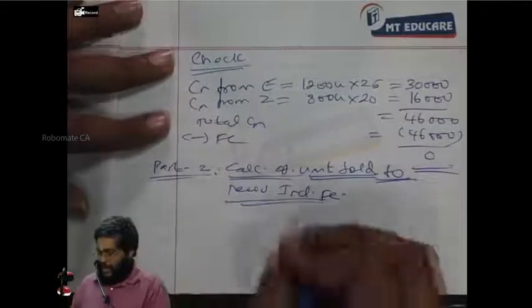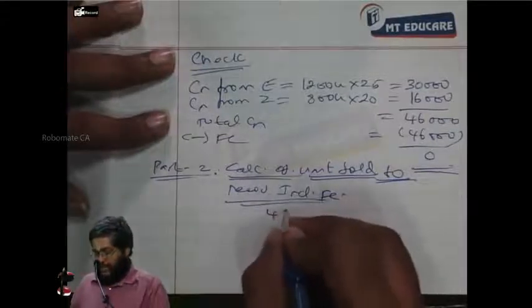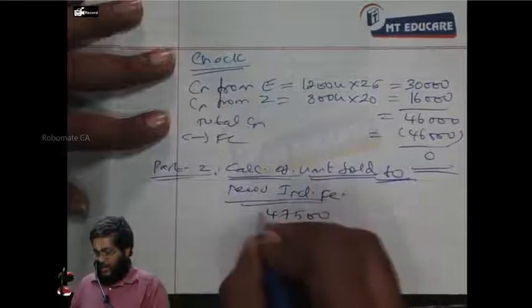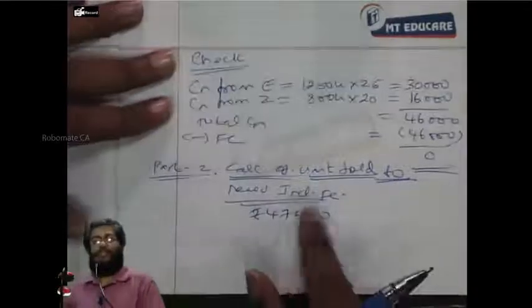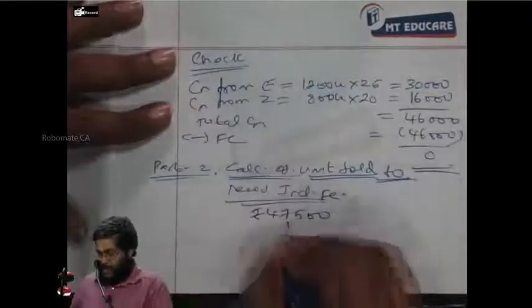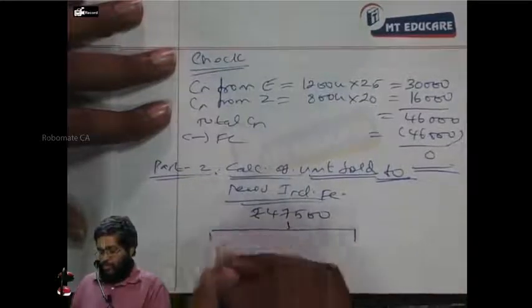Can I start or not? What is the incremental fixed cost? 47,500 rupees. I can branch it into 2.